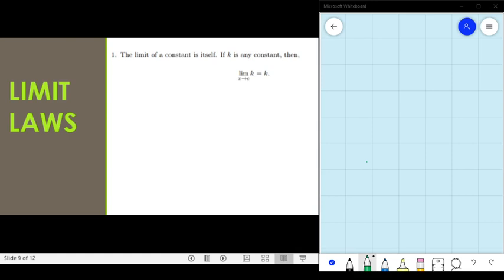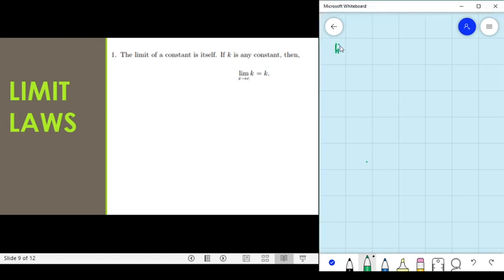So, for example, if the given is the limit of -5 as x approaches 0. What is the answer? As it says, the limit of a constant is itself, meaning the limit of -5 as x approaches 0 is also -5.